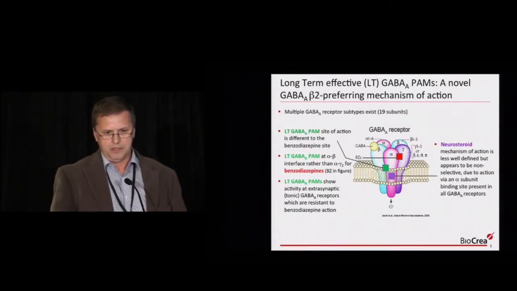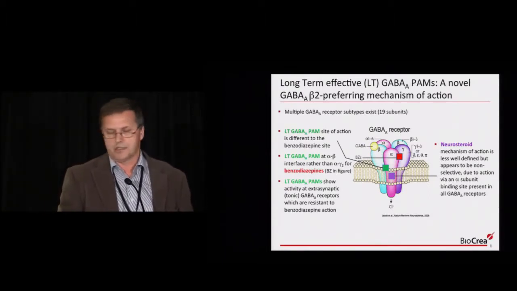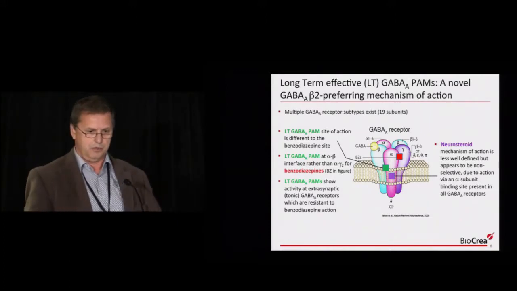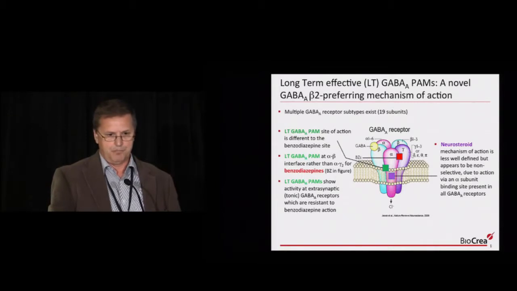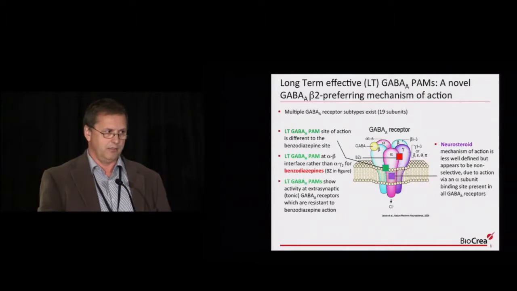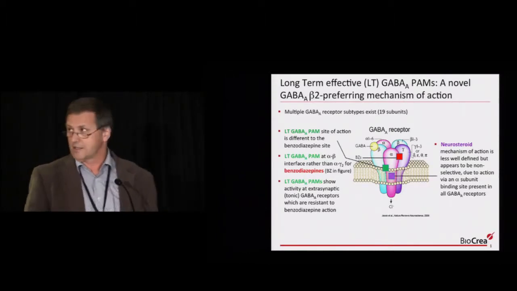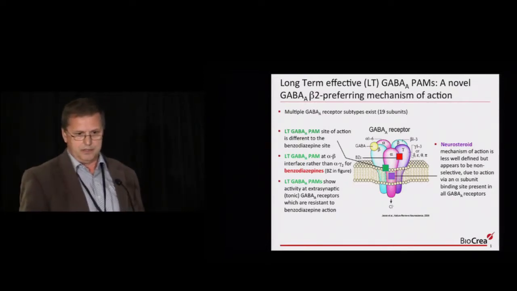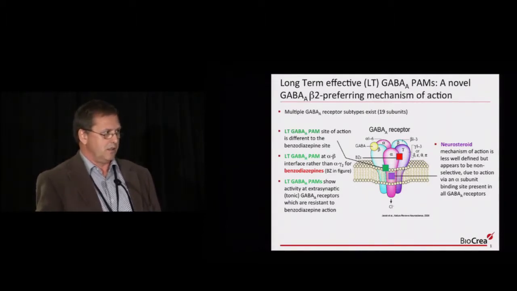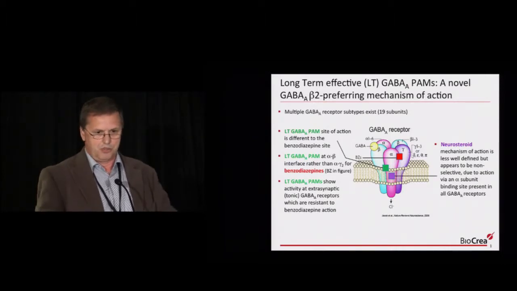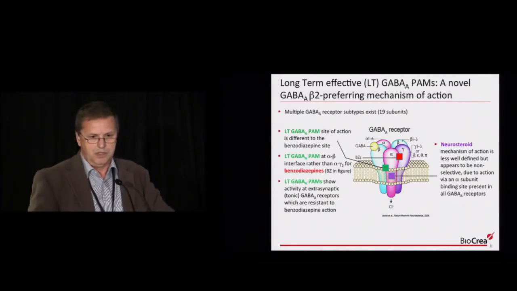What we are using here are small molecules which do nothing at the benzo site, but are able to positively modulate the GABA-A receptor via a totally independent binding site. The benzo binding site is located, as shown here in red, at the alpha-gamma interface. As a consequence, the subtype selectivity of the benzos is linked to all the subtypes which contain a gamma subunit.